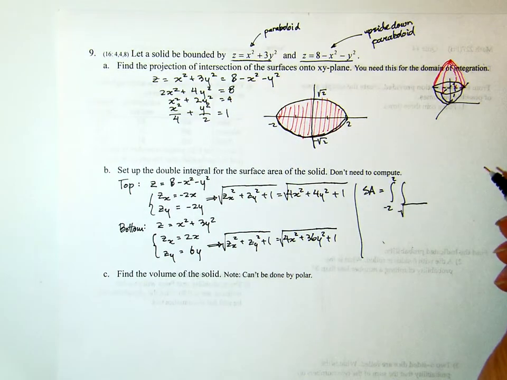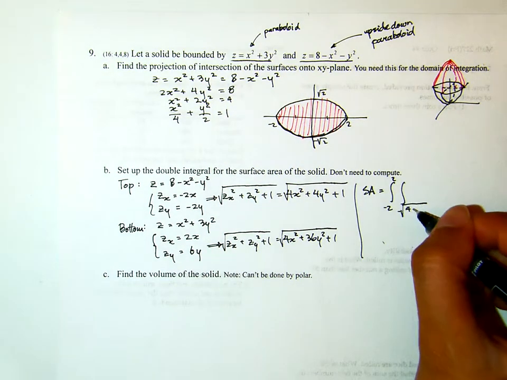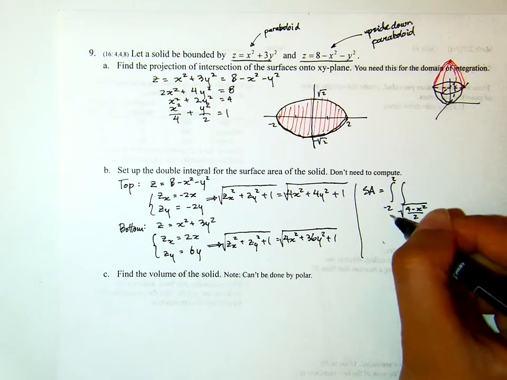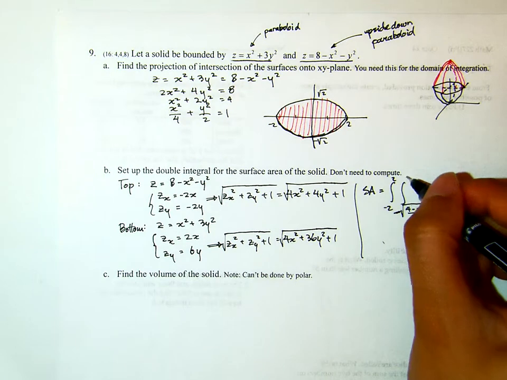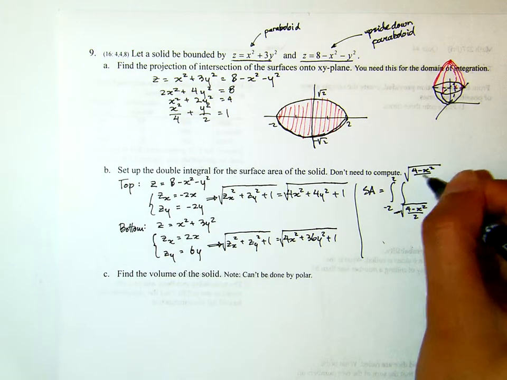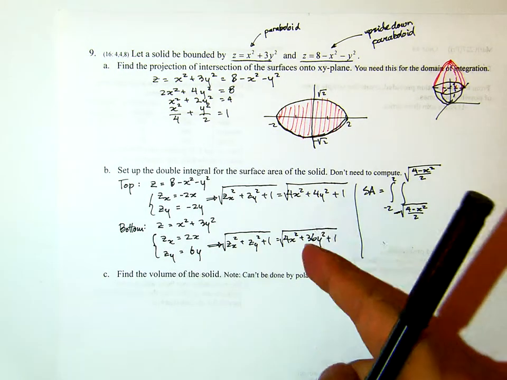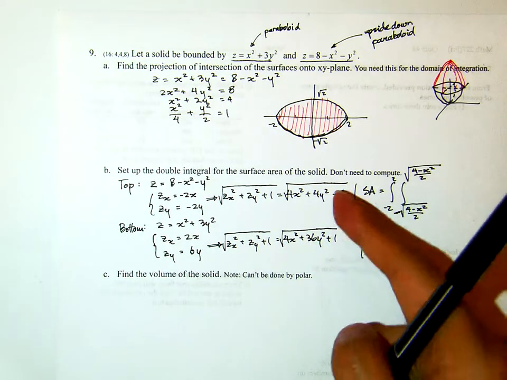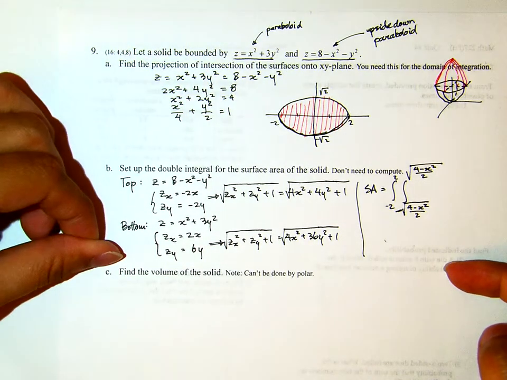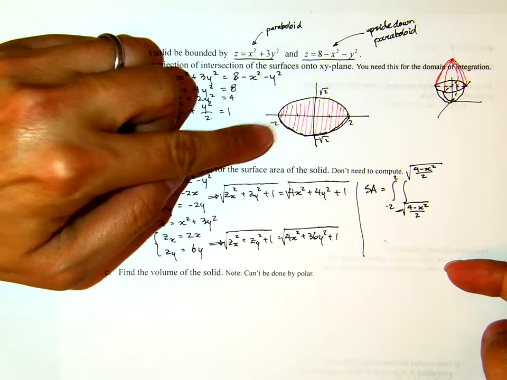If I solve for y, it will be 4 minus x squared over 2, that's negative square root there, up to the positive branch of that, of the sum of these two. No, not the difference though, the sum, because we are actually adding the surface area on the top plus the surface area at the bottom with the same domain of integration.